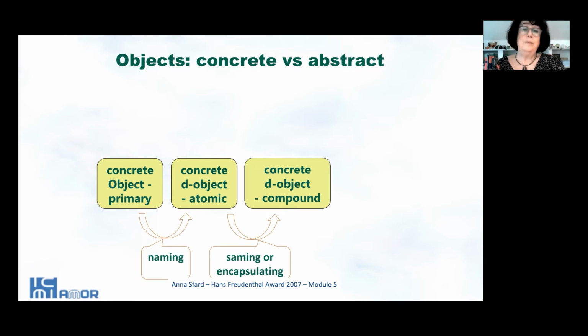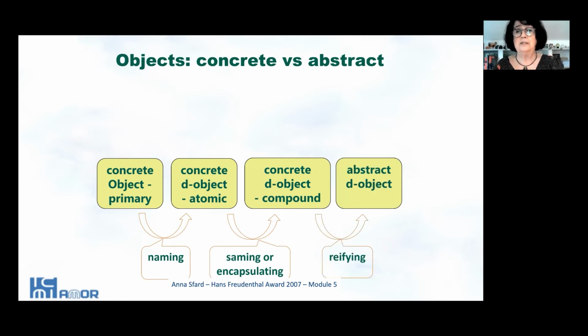Finally, or perhaps in parallel to the stages of saming and encapsulating, additional compound discursive objects are obtained by reifying processes on previously constructed objects. This last category of objects is called abstract. This is opposed to the first 3 types of objects, all of which are concrete.